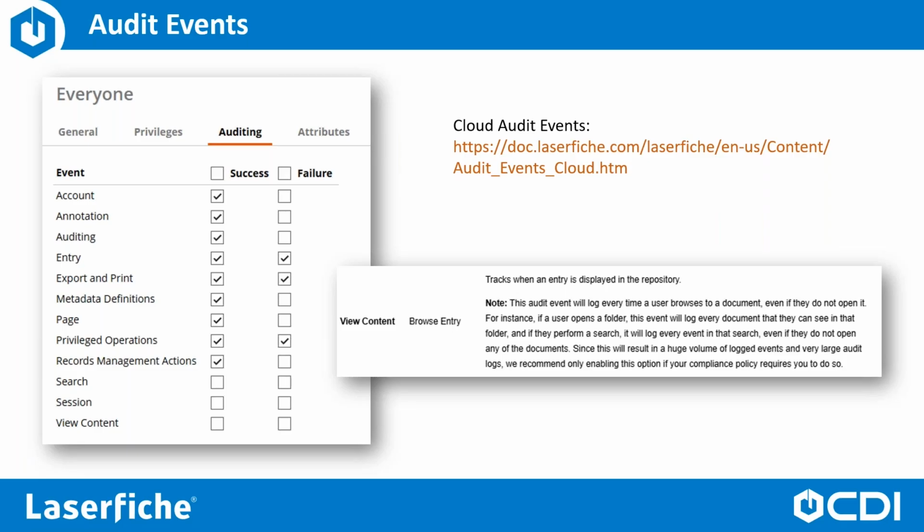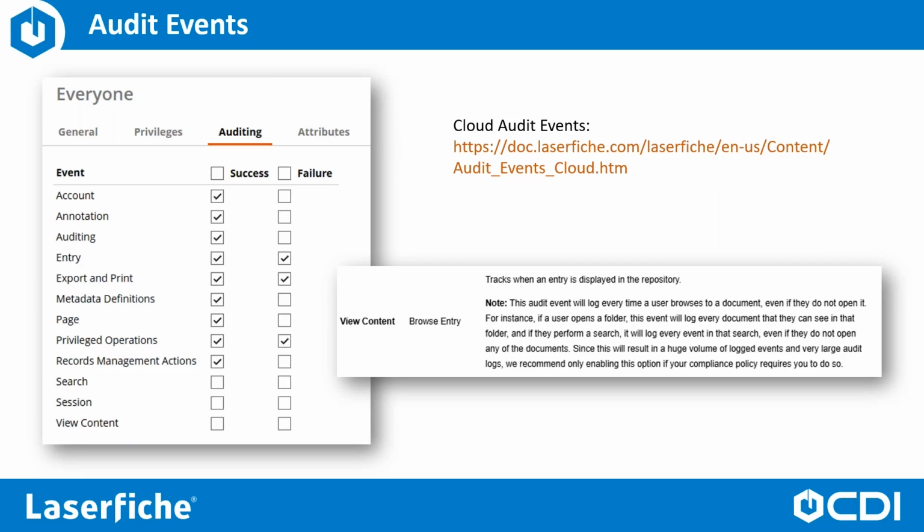But additionally, for both cloud and self-hosted, there are a few auditing options that aren't turned on automatically. The reason is because these actions can cause the audit logs to bloat and get huge, which in turn takes up a lot of server space. So it's recommended that they be used sparingly.